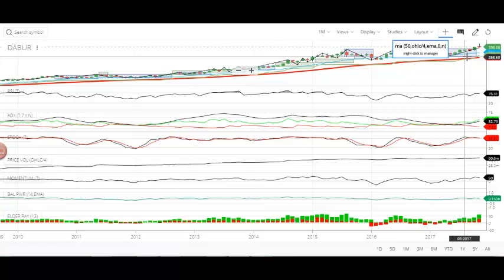Thankfully it has come out of that sideways movement last month, and this month it is slowly moving up in the upward direction. This is great, and we can consider this stock for long term investment. This is the initial conclusion, but we will dig deeper into the guiding points of the technical indicators, see what they are saying, and finally decide whether this stock can be considered a long term investment or not.